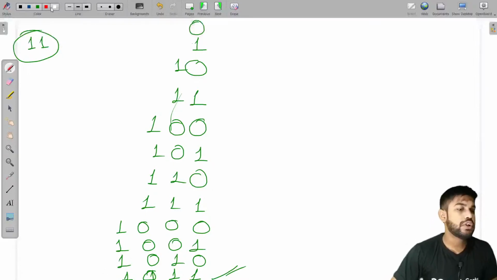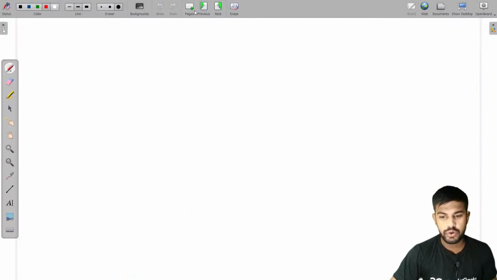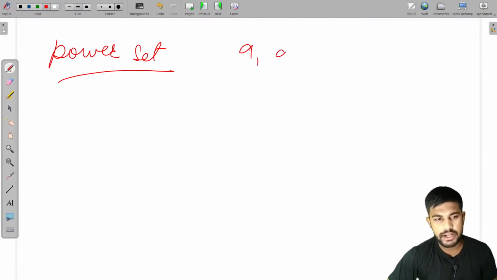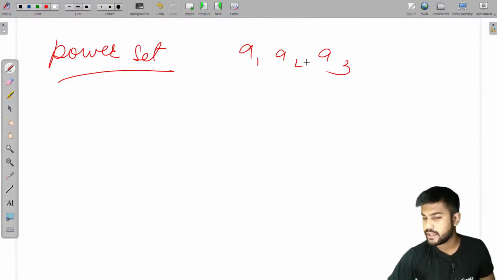Okay, good to go. So now, if you know how to take out the power set of a number, the thing is that if there are three numbers, A1, A2 and A3, what are the possible combinations of A1, A2 and A3?